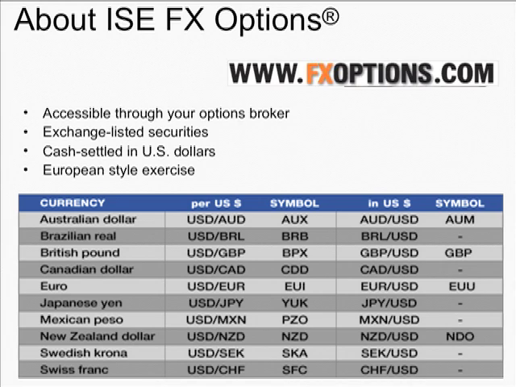Now, the ISE does a phenomenal job at providing a very diversified collection of FX options to trade, and you can see based on the chart that I'm sharing below that there are a number of the major pairs available. What I'll focus on today is the U.S. dollar versus the Australian dollar, or the AUX, the BPX, the U.S. dollar versus the British pound.